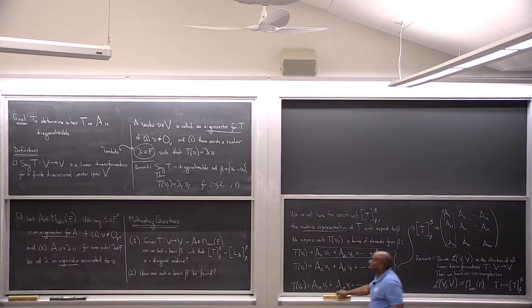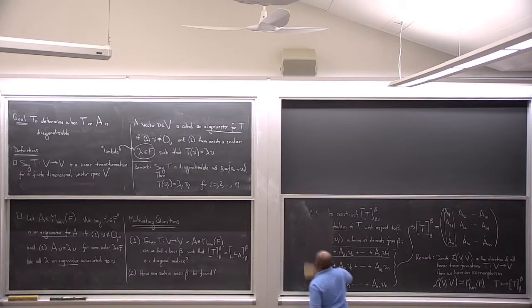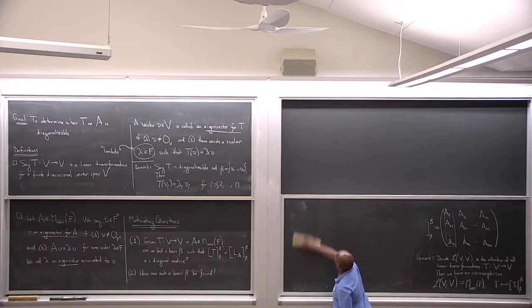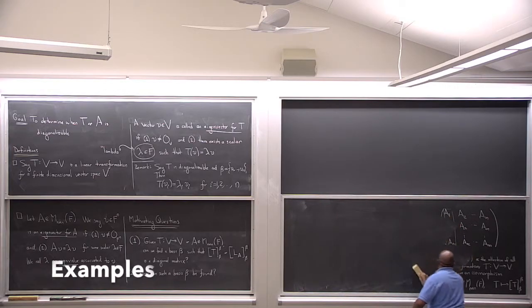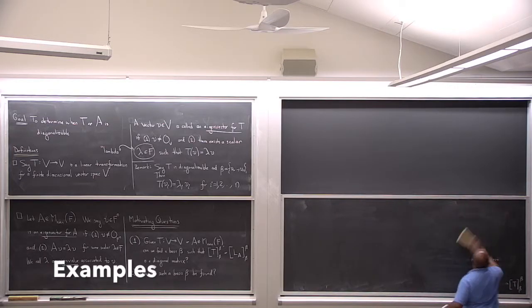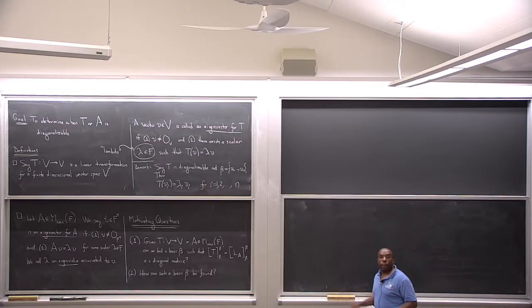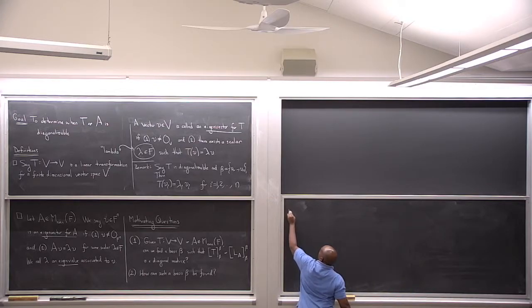Now what I want to do, since I've just given a lot of definitions, is work out some geometric examples so we can really see what's geometrically the idea of an eigenvalue and an eigenvector. So let's do a first example.